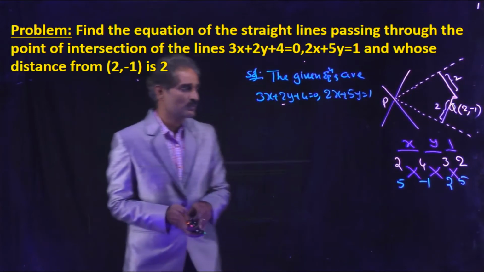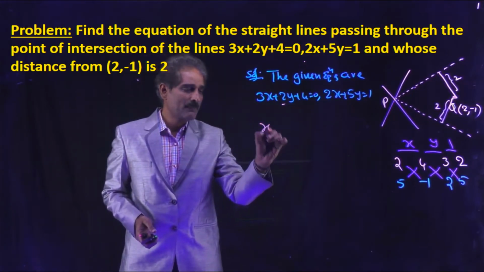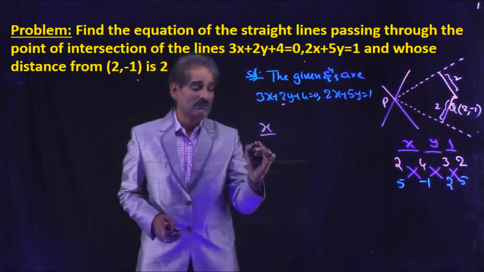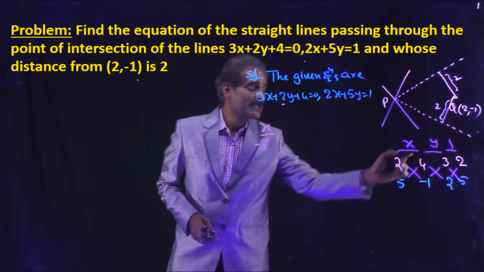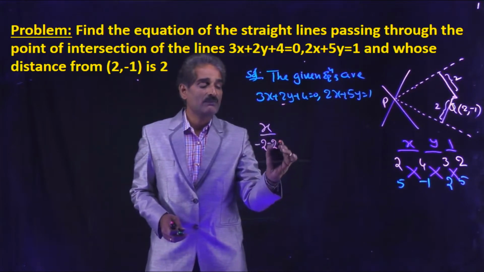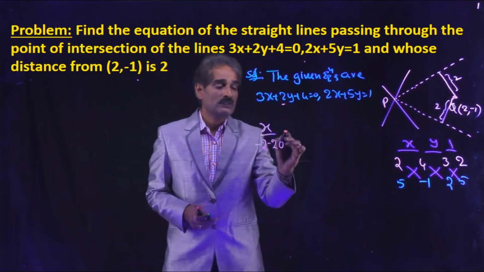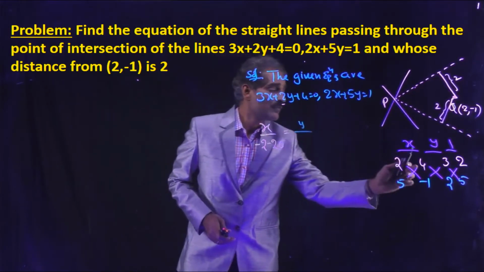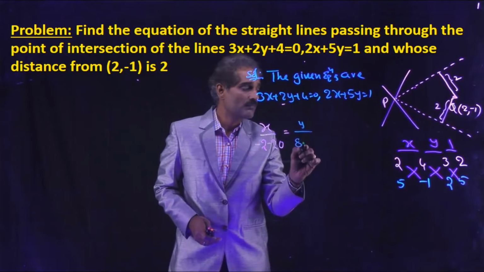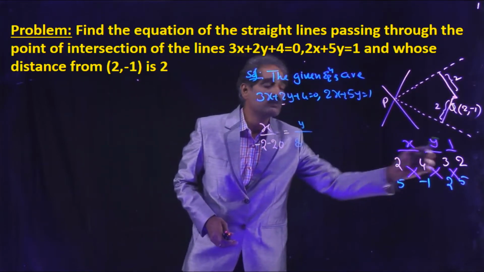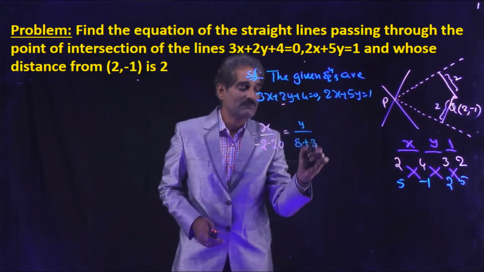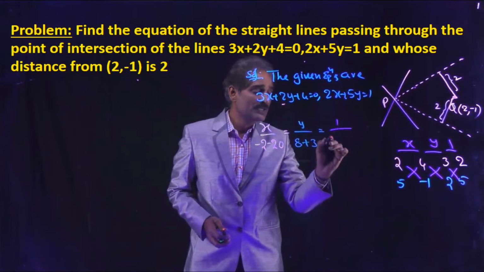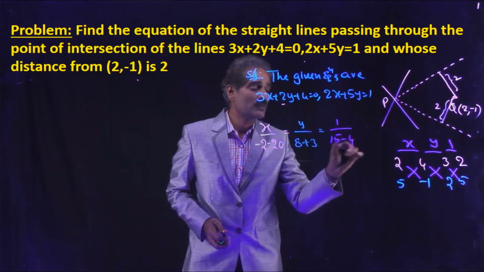Now come to x by: 2 into -1 minus 5 into 4, which is -2 - 20. That is equal to y by 4 into 2, 8, minus (-1) into 3, that means plus 3, equal to 1 by 3 into 5, 15, minus 4.